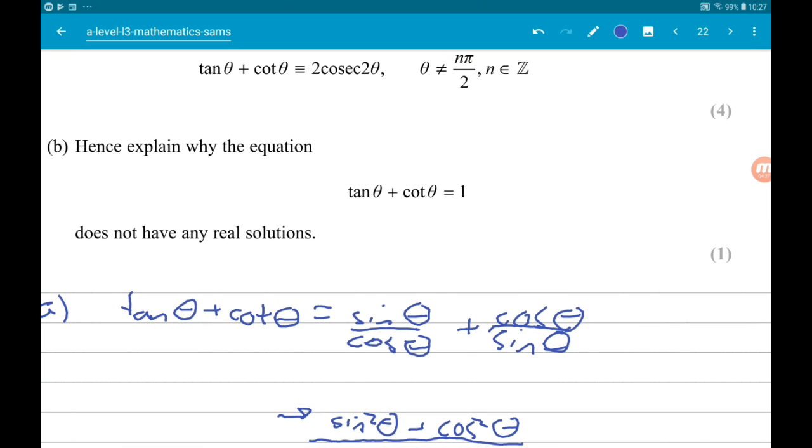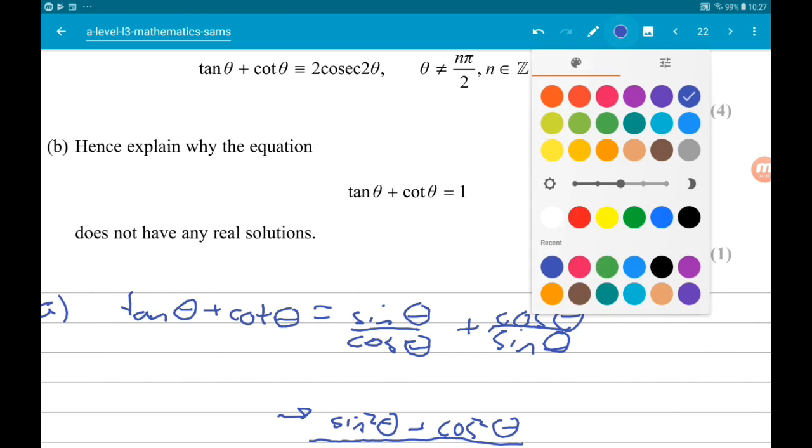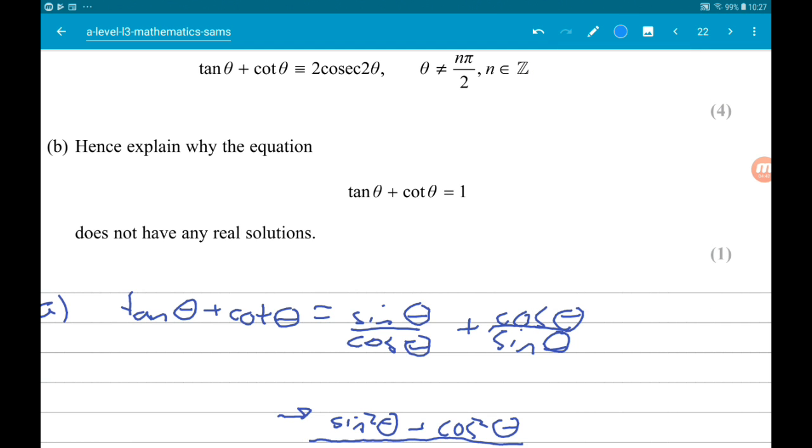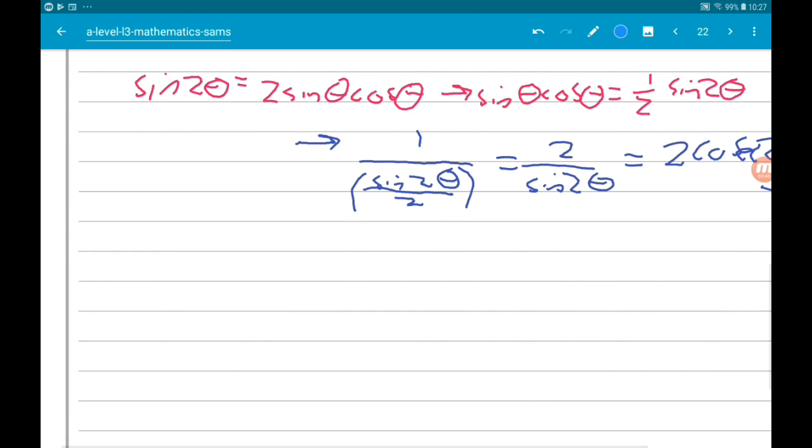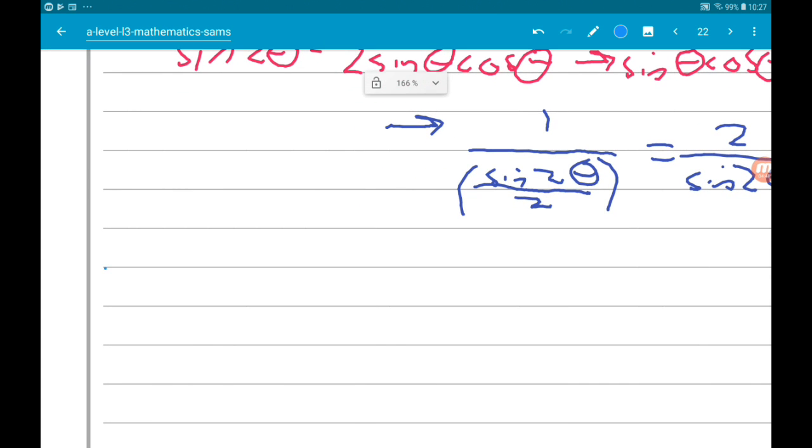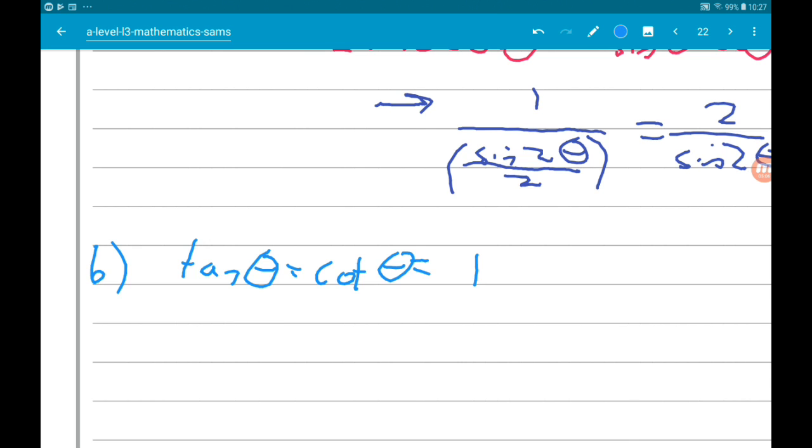it says, hence explain why tan theta plus cot theta equals 1 has no real solutions. Okay. So, we now know then that tan theta plus cot theta is equal to 1, tells us then that 2 cosec 2 theta is equal to 1.